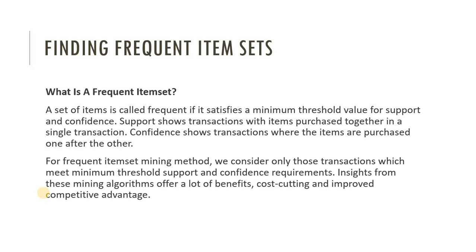For a frequent item set mining method, we consider only those transactions which meet the minimum threshold support and confidence requirement. Insights from this mining algorithm offer a lot of benefits, such as cost cutting and improved competitive advantage.